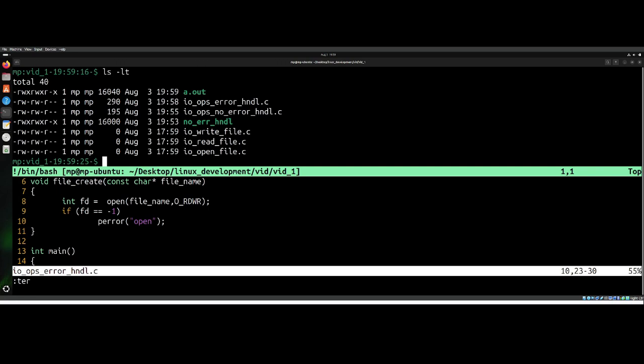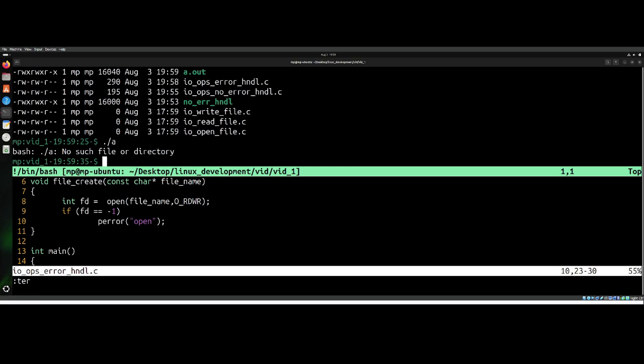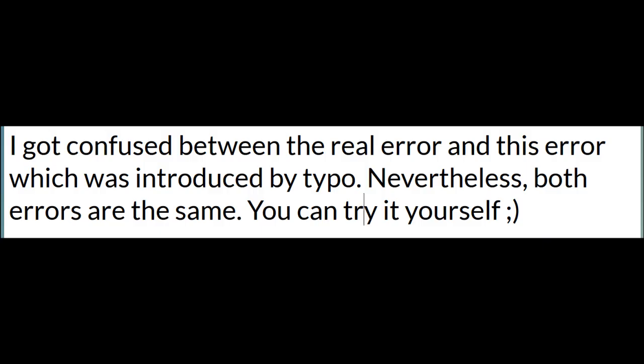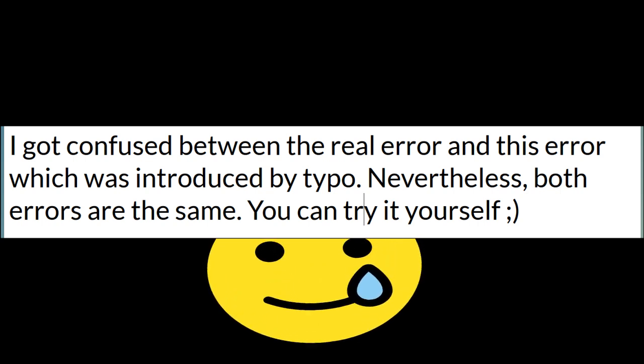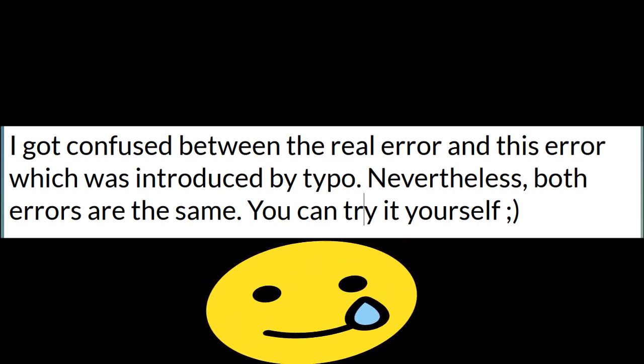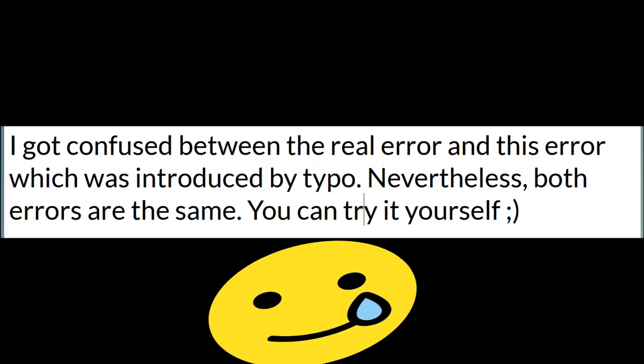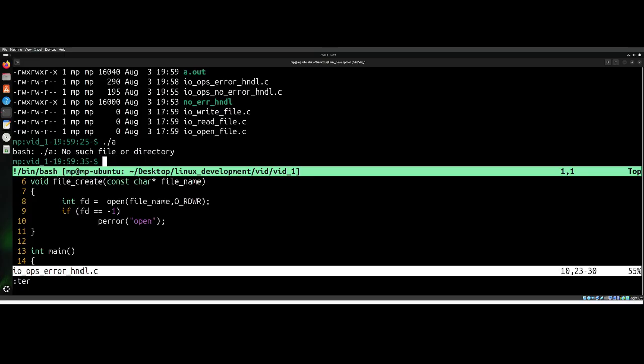Now it will still not be able to produce a file, but we will get some sort of an error here. Now we can get why we are not able to create a file, because it says no such file or directory. So simple. We are trying to open a file which does not exist.